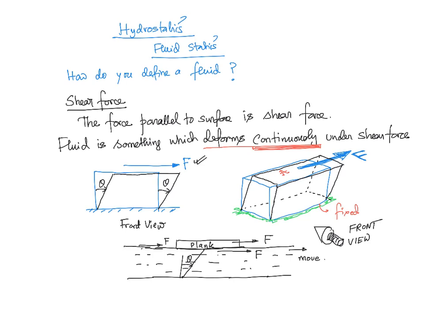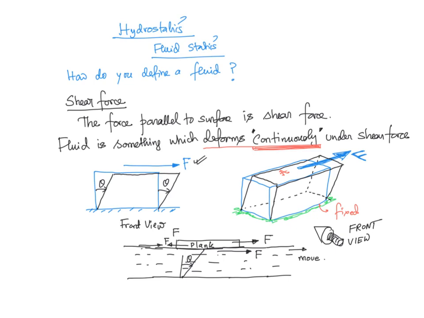So that is how this definition is justified: deforms continuously under shear force. Suppose you apply some force F on the plank, and it moves with constant speed. So water will apply a force F on the plank, and in turn on the topmost layer of water there is a force F.